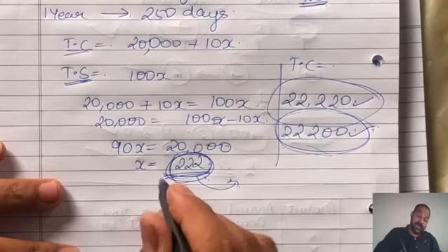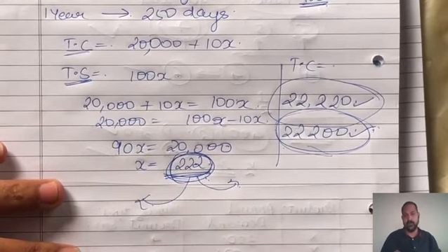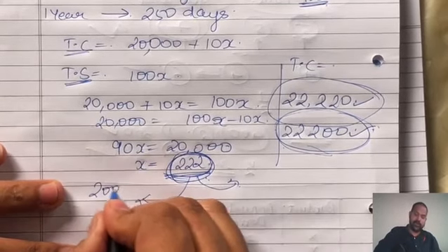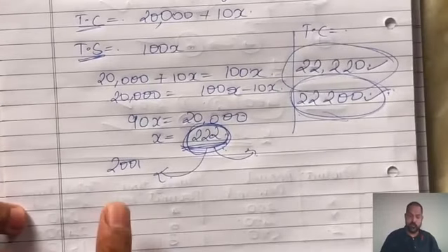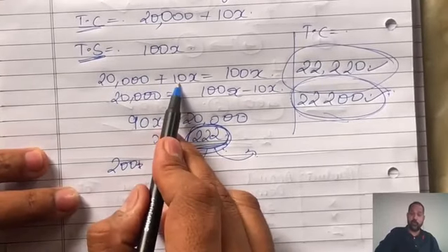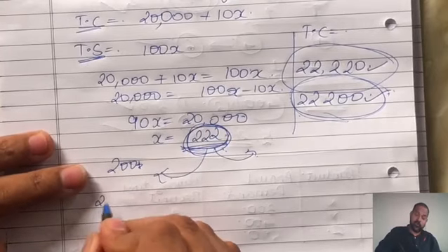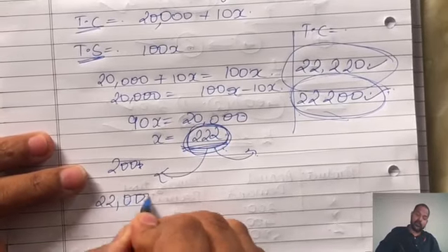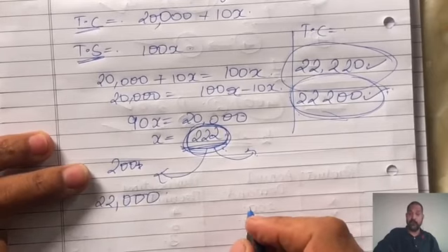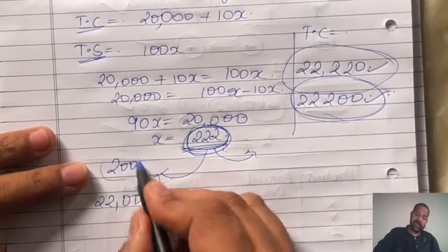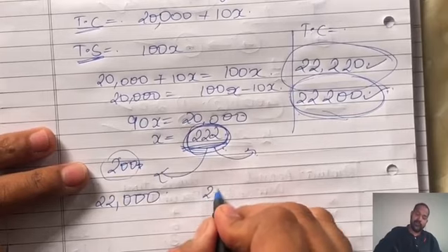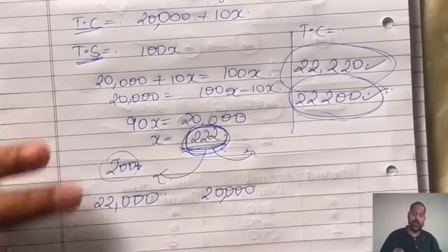But if I produce less than 222 units, let's say I produce 200 units, what will happen? If I produce 200 units, the total cost of production will be 10 into 200, which is 2,000. So cost of production will be 22,000 rupees. And how much will you get back from sales? From sales, I will get back 200 into 100, which is 20,000 rupees.